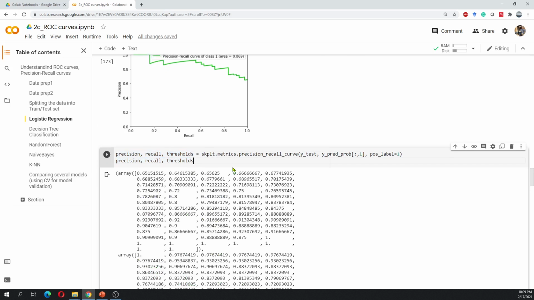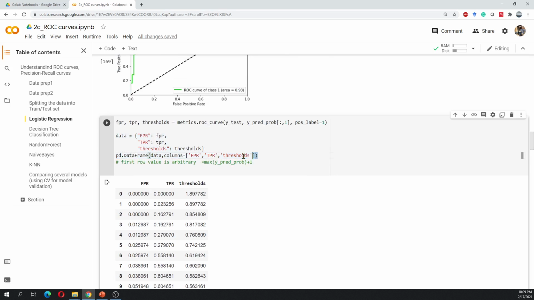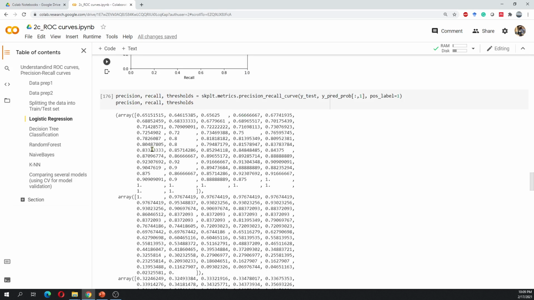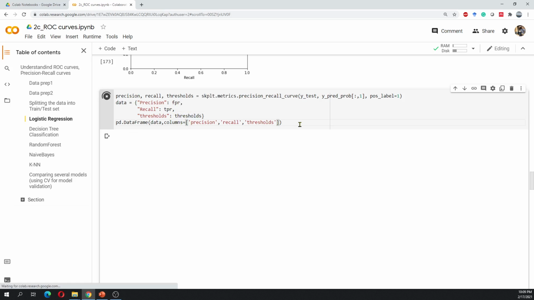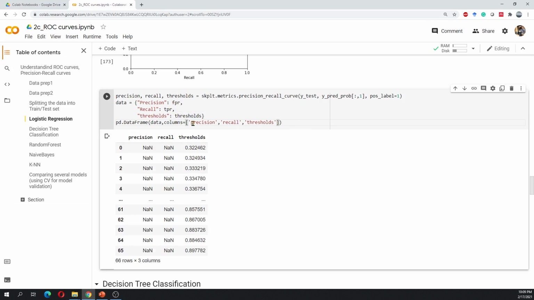So we are going to use what we had here, copied this, and just rename this. This is precision, this is recall, and that's threshold. And we need to rename these so that it knows what it's referring to. Okay. And let's run this. Seems like we pulled the wrong entries.